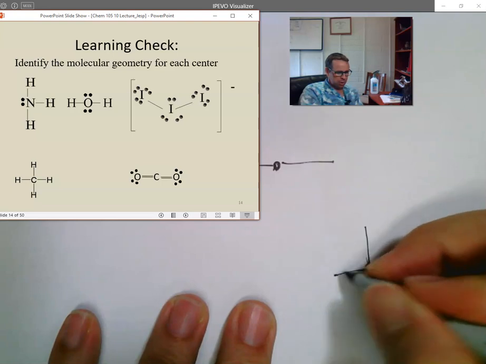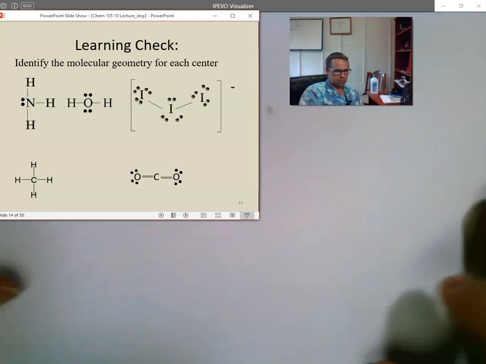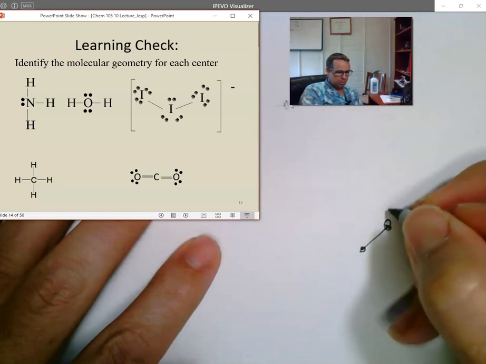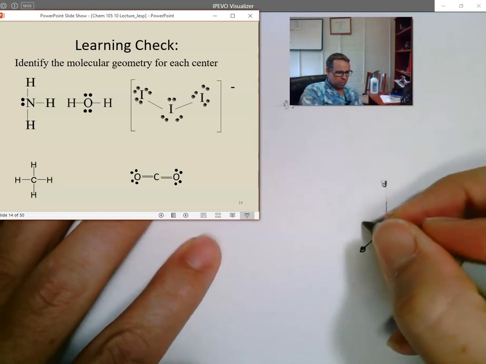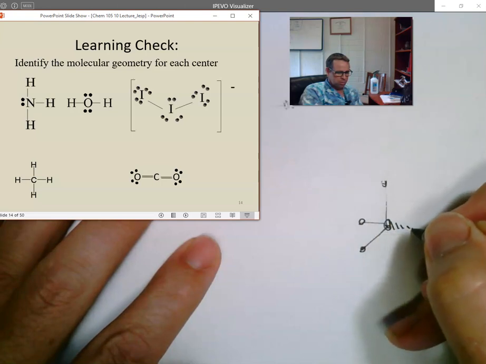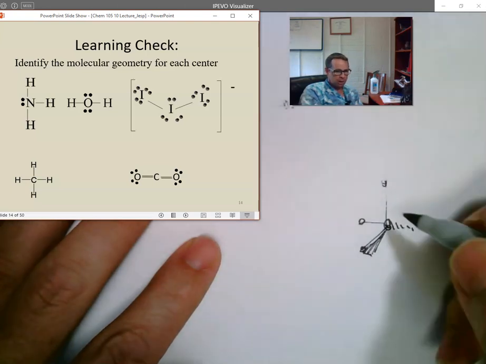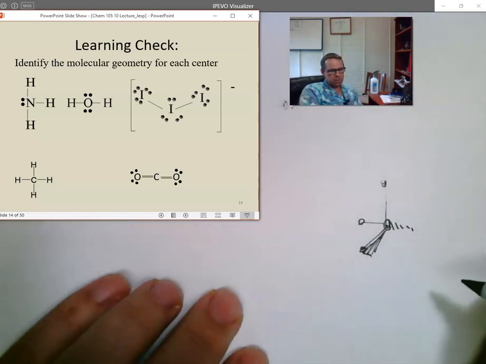So I'm going to start over and draw our tetrahedral shape, where this one's kind of coming out at us a little bit, this one's going away in the back, and these 2 are in the plane of the paper.